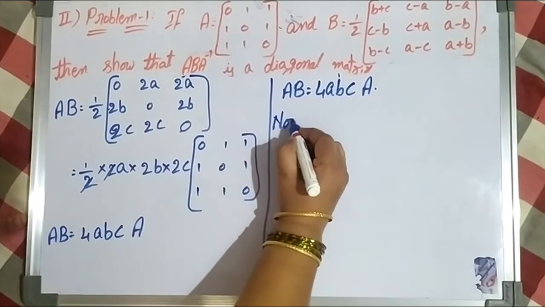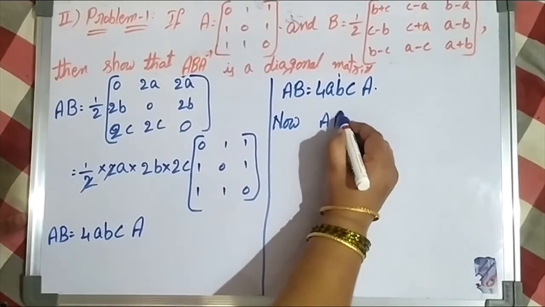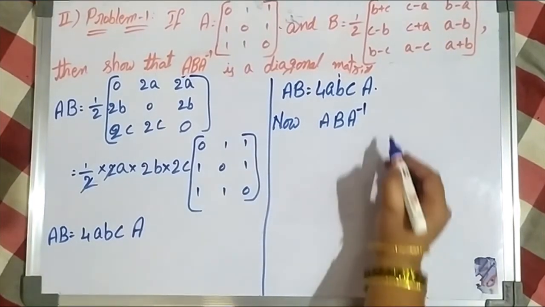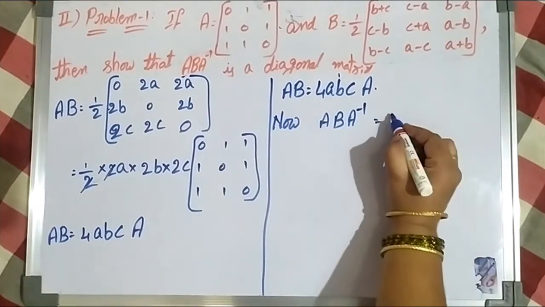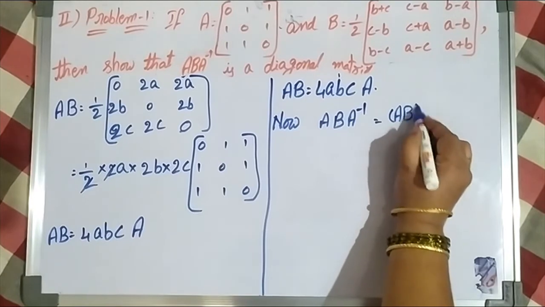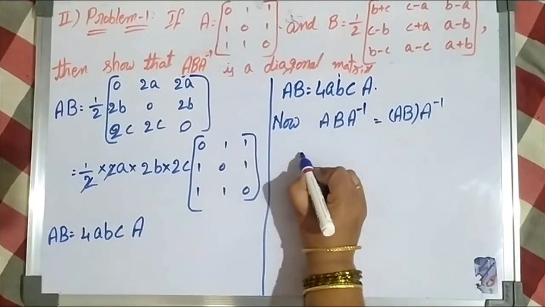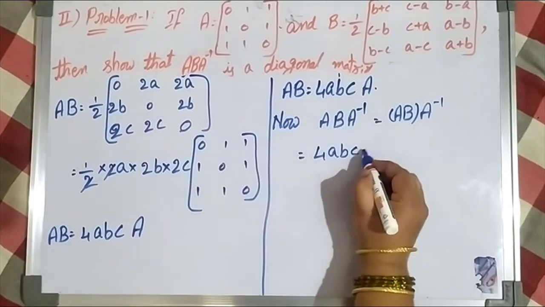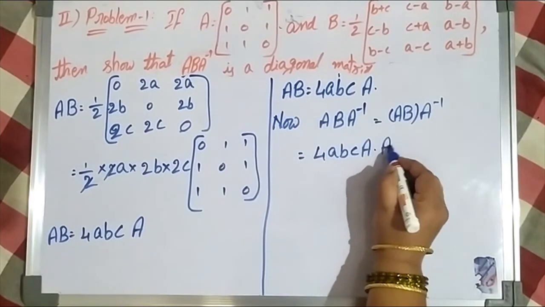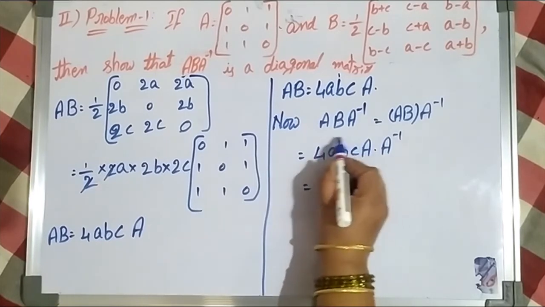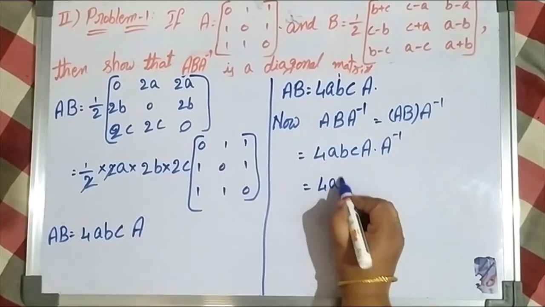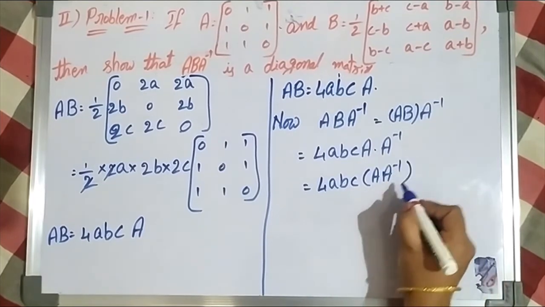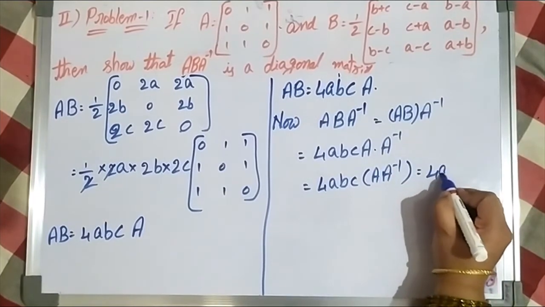Now we can calculate AB into A inverse. AB is nothing but 4ABC A, into A inverse. These are constant numbers, so 4ABC into A A inverse.